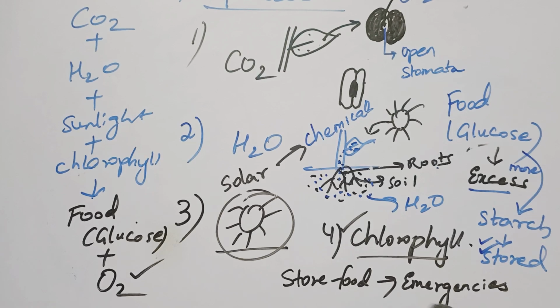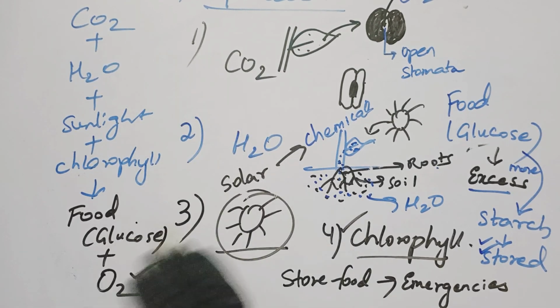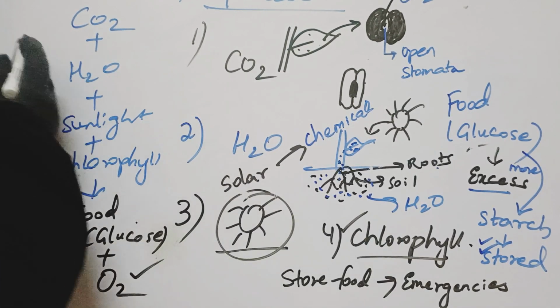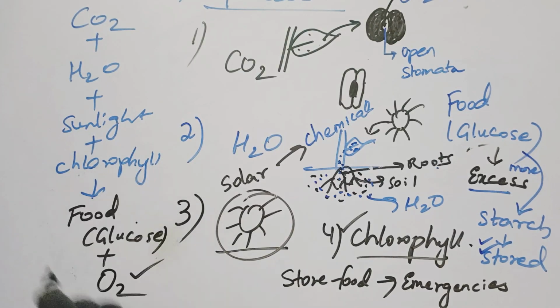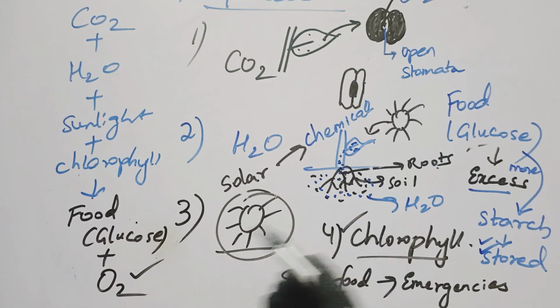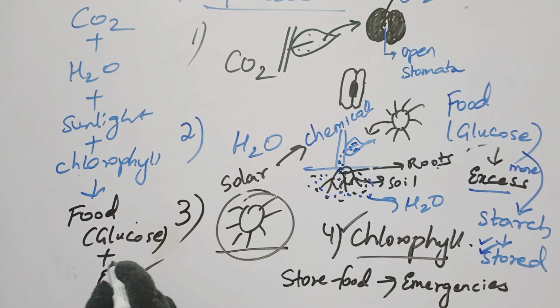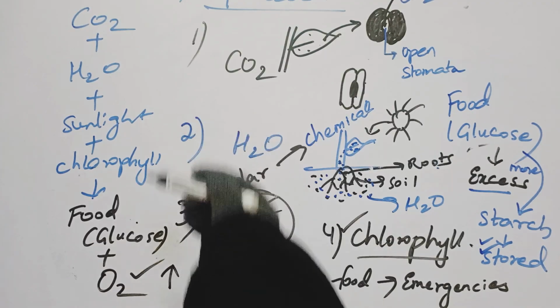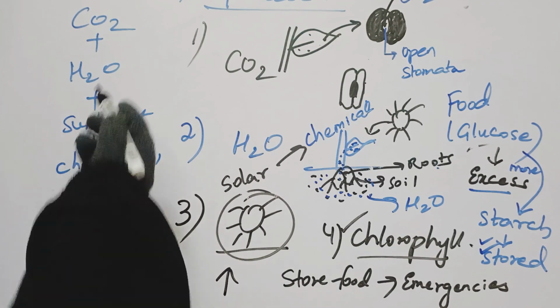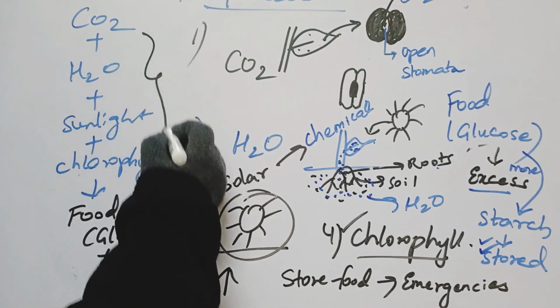The word equation is like this: CO2, H2O plus sunlight in the presence of chlorophyll, it will produce food in the form of glucose, and along with that O2 will be liberated. The upward arrow symbol represents that it is a gas, and that will be released at the end of this process.